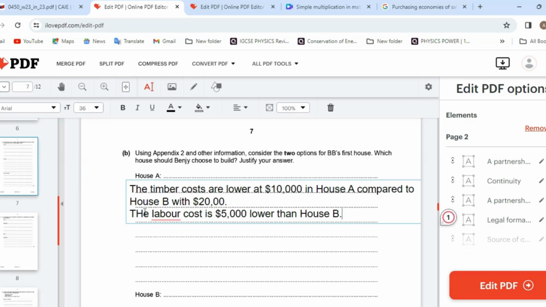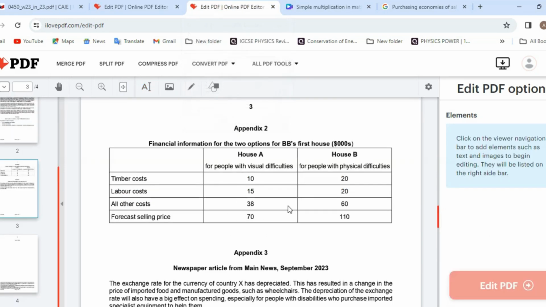Now let's see one disadvantage too before we move to house B and see the advantages and the disadvantages there too. Okay, let's see based on the profit. Here they have their forecasting selling price, all other costs, labor cost, and the timber cost.